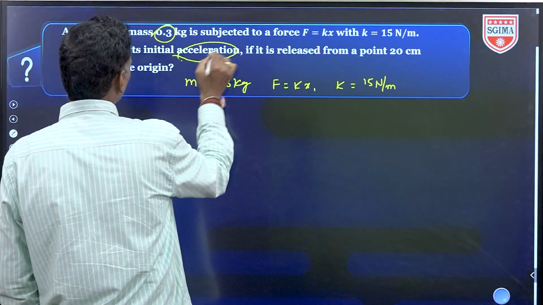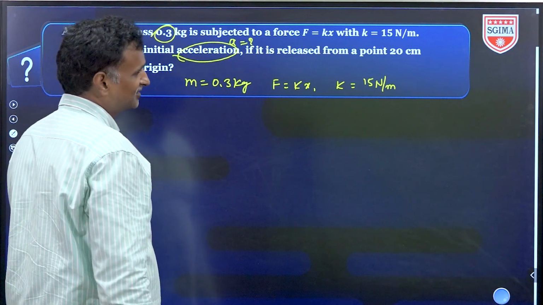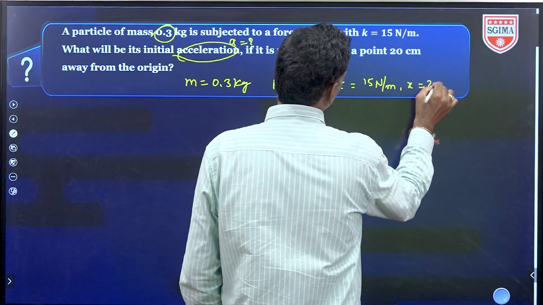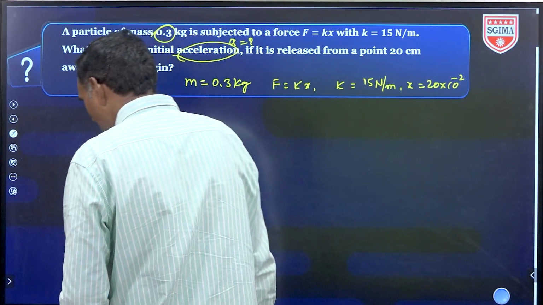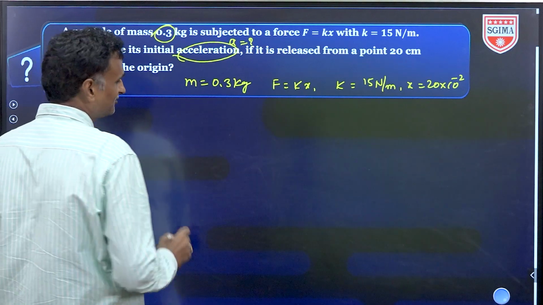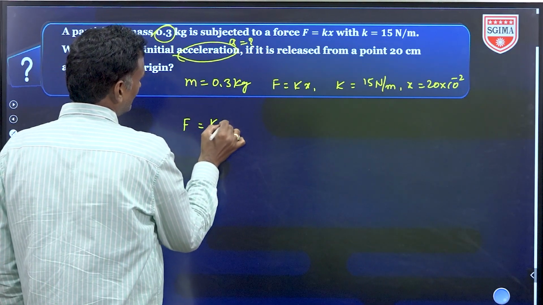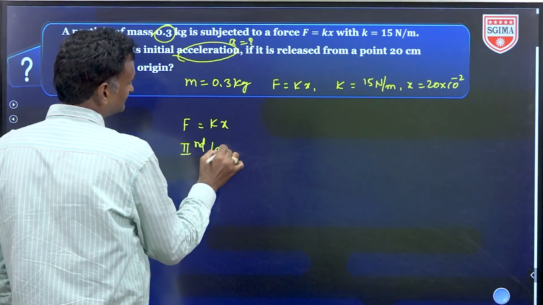They have asked us to find the acceleration if it is released from a point where x equals 20 centimeter away from the origin, and we follow the equation F equals kx given here.